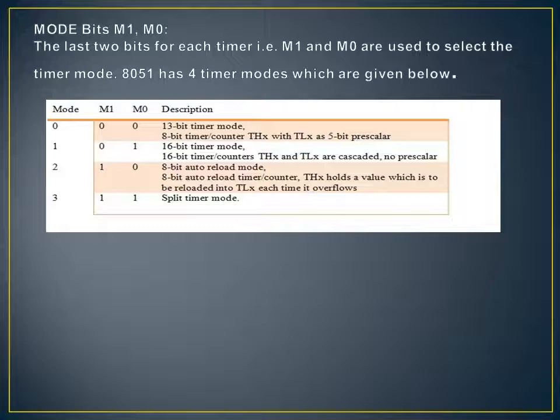When M1 is 0 and M0 is 1, mode 1 is selected, that is 16-bit timer counter. When M1 is 1 and M0 is 0, mode 2 is selected, that is 8-bit auto reload mode. When M1 is 1 and M0 is 1, mode 3 is selected, that is split timer mode.